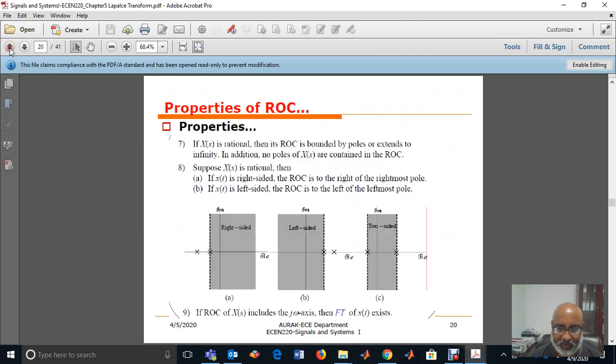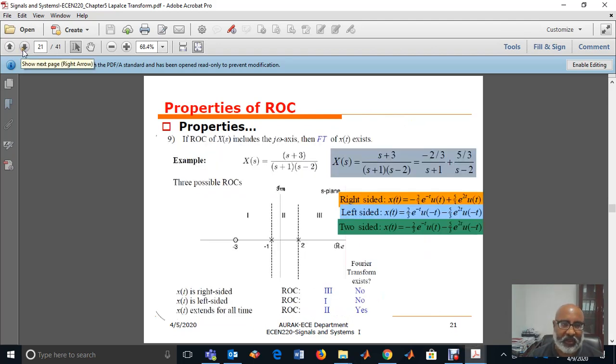As you remember, a right-sided signal has a region of convergence starting from the right of the rightmost pole, a left-sided signal is to the left of the leftmost pole, and a two-sided signal has a region of convergence that is a stripe.